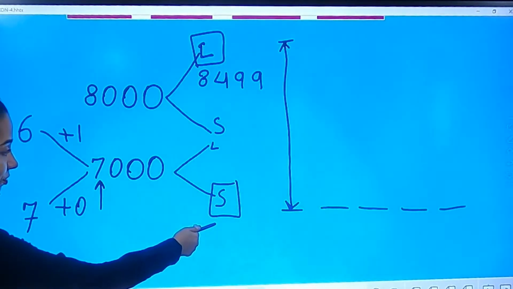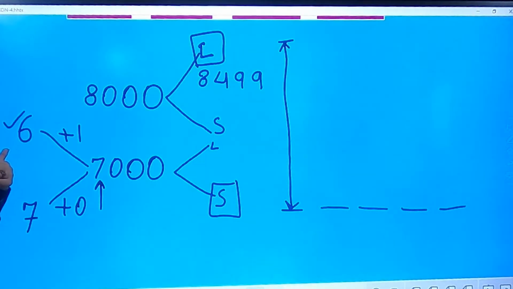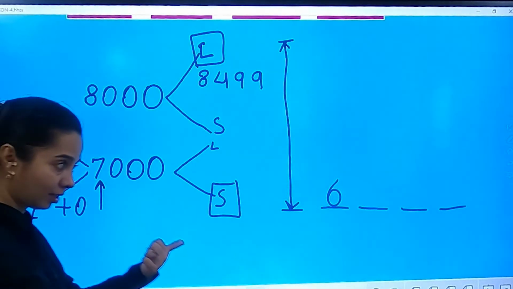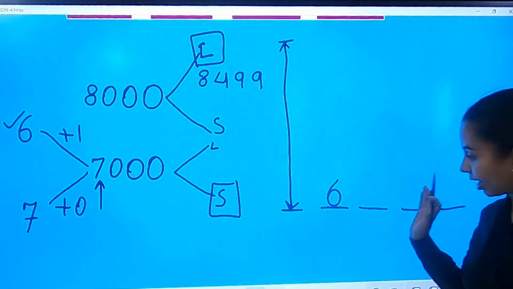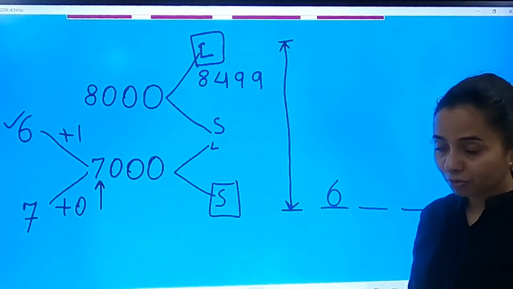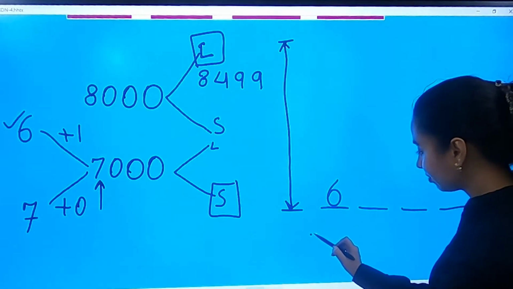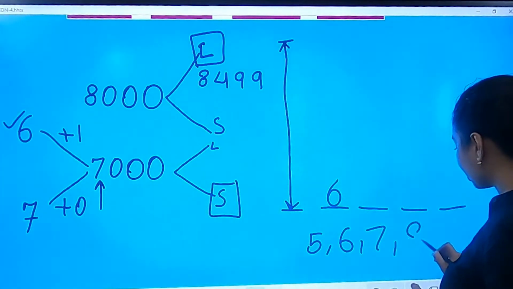So since we are making the smallest possible number, we'll select 6. This is the smallest possible digit which can come over here. Now again, since we know that 1 was added to it, and 1 could be added to the focus digit only when digits to its right are either 5, 6, 7, 8 or 9.